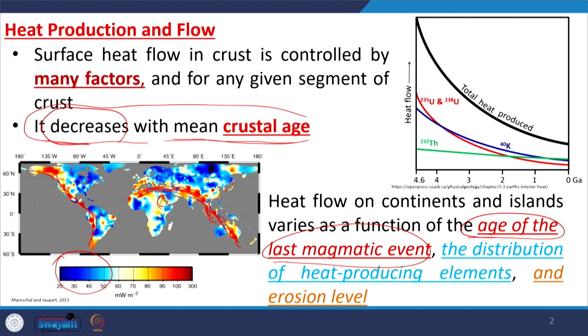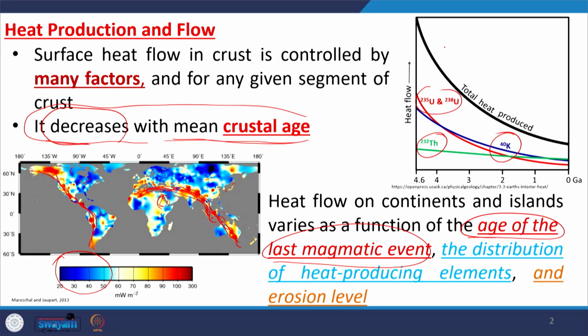The second is the distribution of heat producing elements, particularly uranium, thorium, and potassium. Are they uniformly distributed, or distributed depth-wise in certain layers, or concentrated in particular zones at the surface? That determines how much heat can flow to the surface of the earth in a particular region.